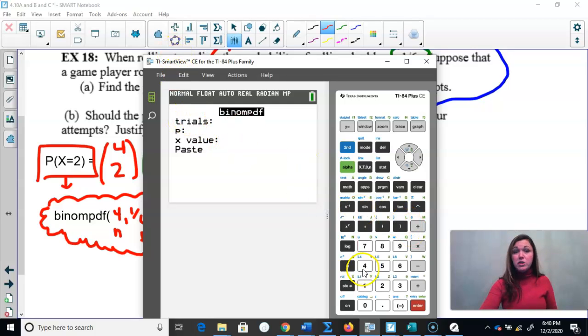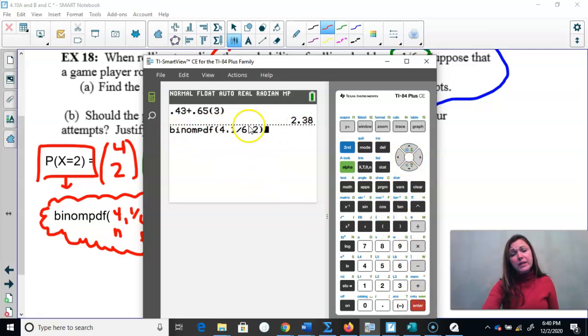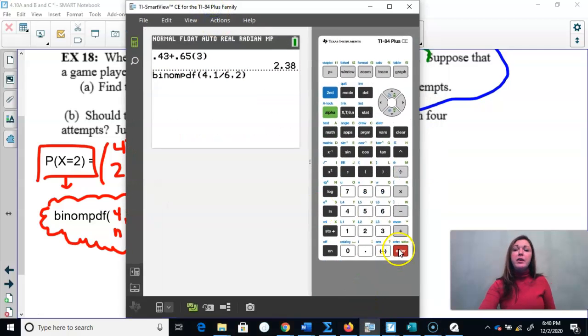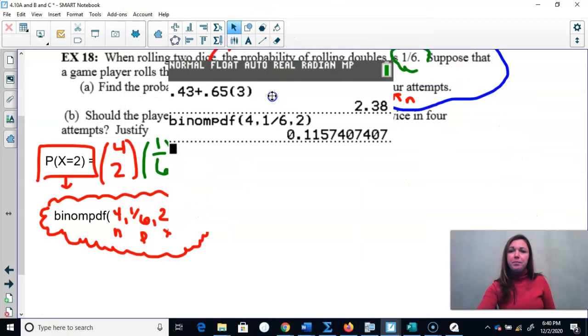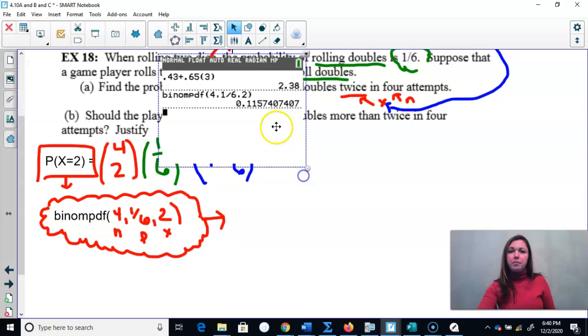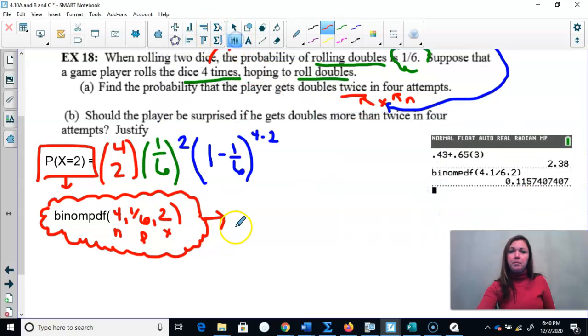The rest of us, trials is 4, probability is 1/6, our X value is 2. And then we're going to hit paste. So those of you with the old calculator, it should look like this. Then you're going to hit enter, and you can see that probability right there, guys. 0.1157 is our probability.